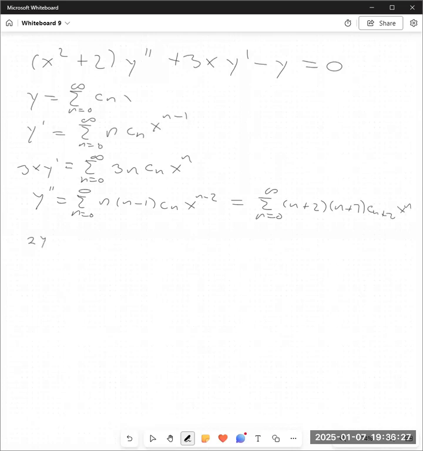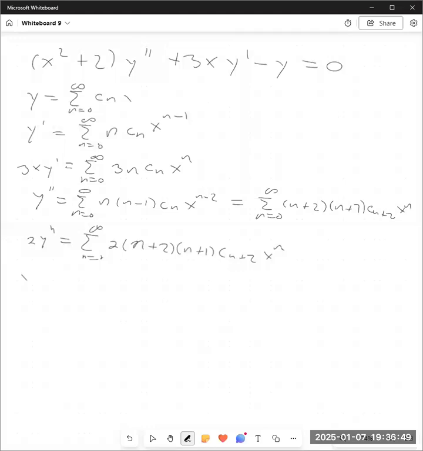So 2y double prime, I'm going to use this form over here, is going to be the sum from n equals 0 to infinity of 2 times n plus 2, n plus 1, c_(n+2) x to the n.